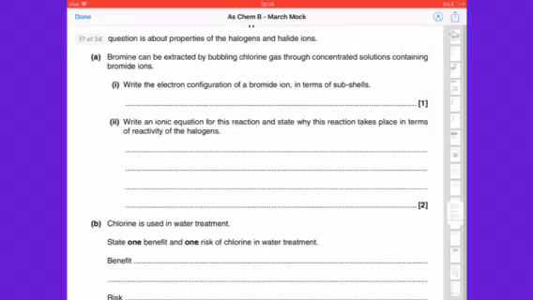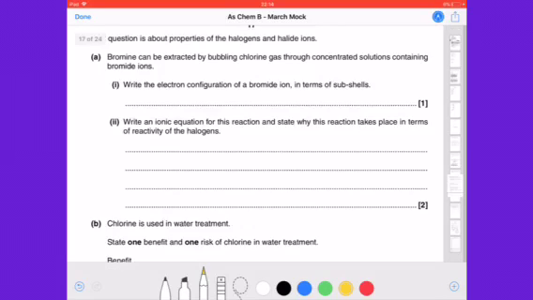Right, moving on to question 23. The electron configuration of bromine, you should write it out in full. I'm going to write it out in the shorthand method. Should be argon, so that represents all of the electrons up to argon, which is 1s2, 2s2, 2p6, 3s2, 3p6.